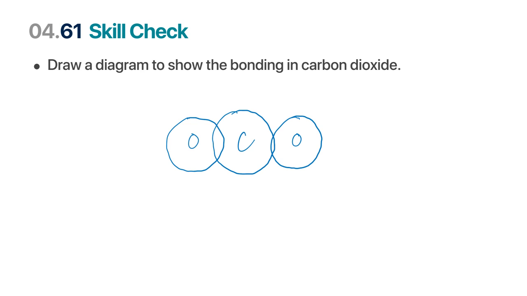Now, because it's slightly getting complicated, I'll make a key. The key is representing the electrons that are involved. So the key is: the electrons from carbon are X's, and the electrons from oxygen are my dots. So this is called a dot and cross diagram for this reason.